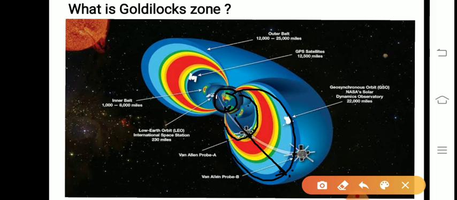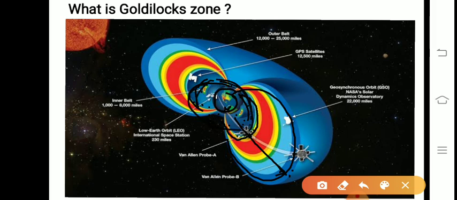These two belts are basically a protective layer that protects our atmosphere. So this is the Earth and this is its atmosphere. This atmosphere is protected by these two belts.